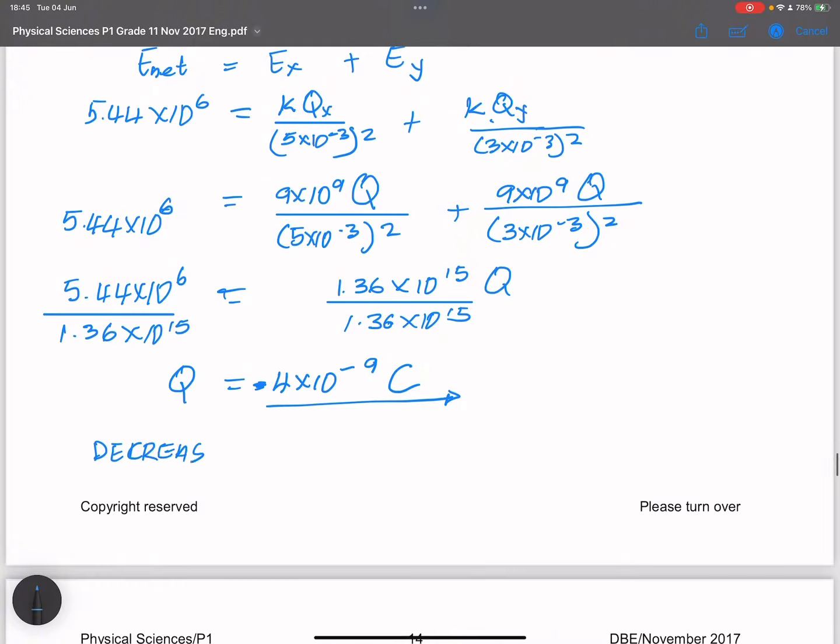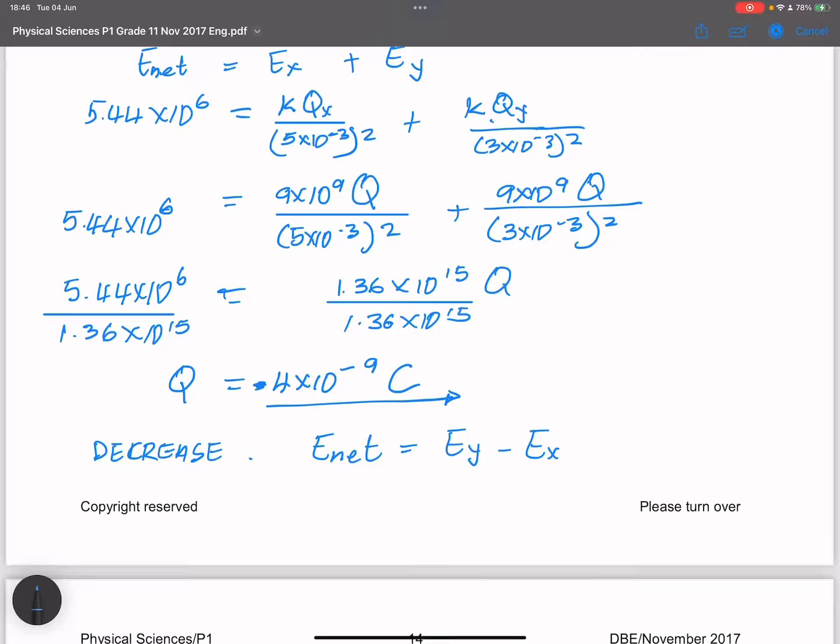And why is that? Because E net is now going to have EY minus EX, whereas initially they were additive. We took the sum of the two.